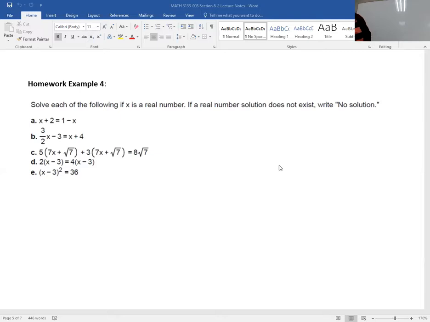Okay, starting with part A, we got x plus 2 is equal to 1 minus x. In this case, what's the first thing I need to do here?